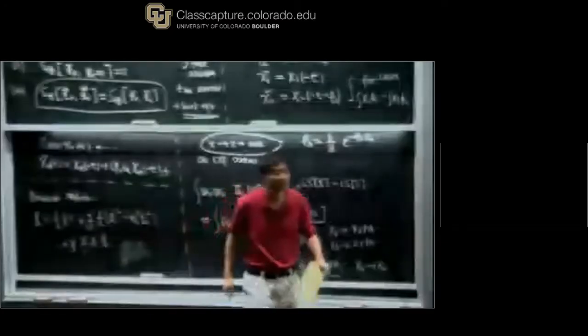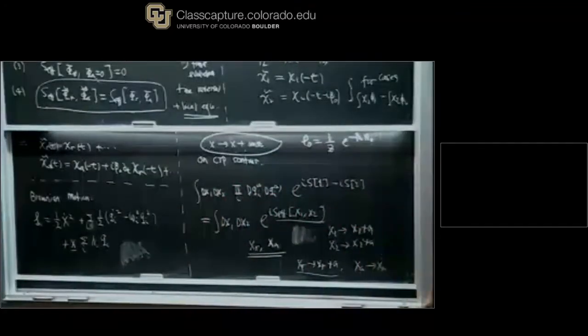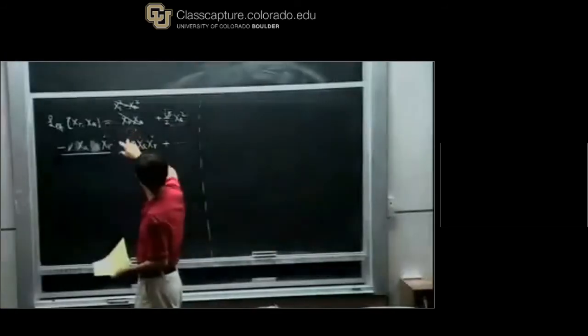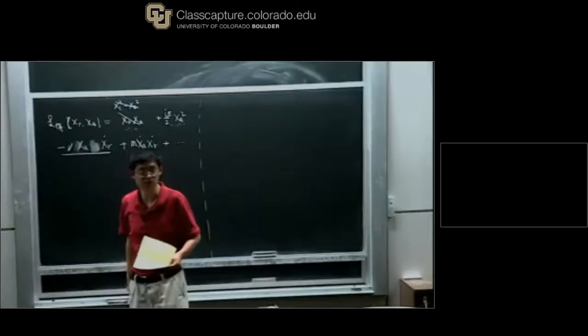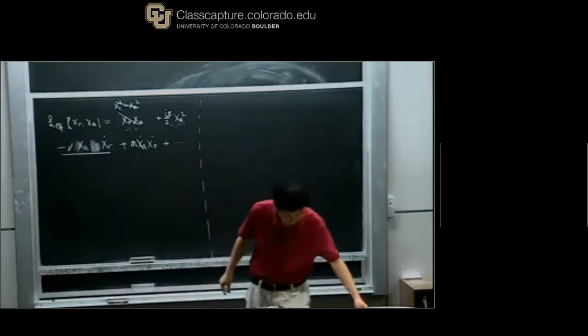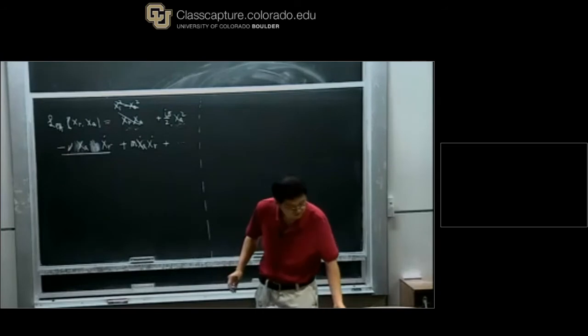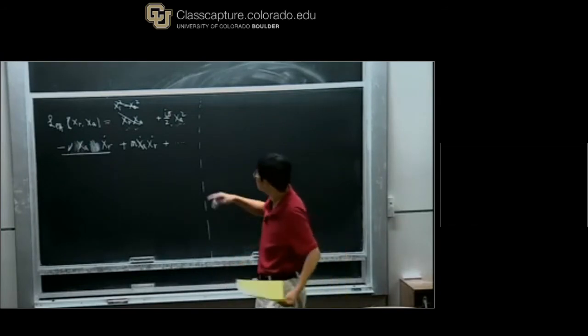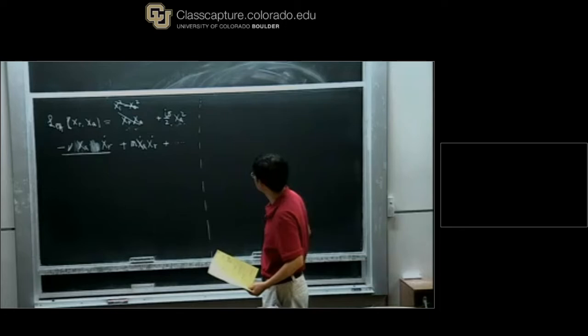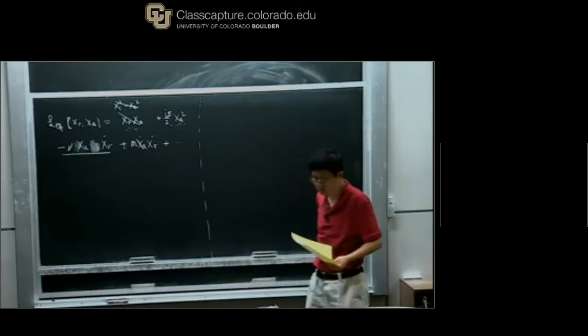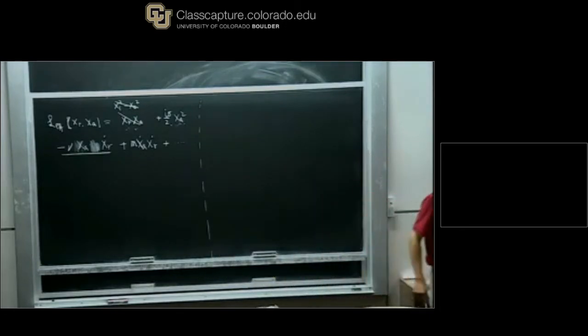Yeah, a linear term in XA is allowed in principle. We can even add an XA term. I think this does not do anything. Anyway, let's not worry about the XA term. Which signs of these parameters? Yeah, I will tell you.